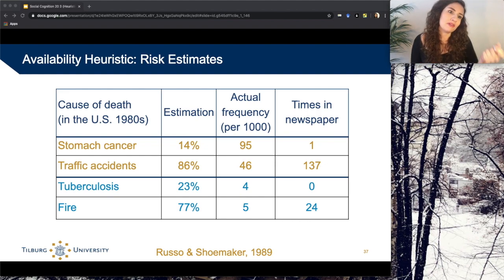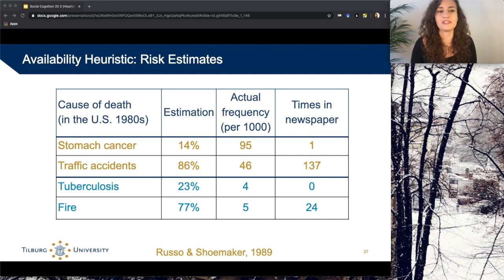And now we can do the same thing again for tuberculosis versus fire. What is the estimation of people who think that others die of tuberculosis versus fire? Our estimation here is 23 versus 77%. So people think fires are more likely to occur and to kill people.